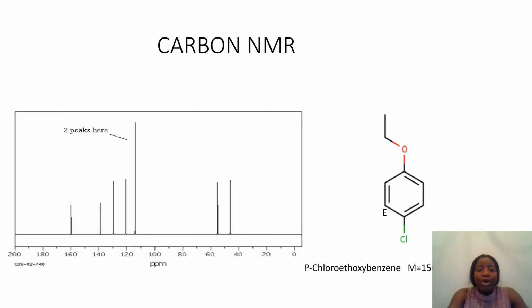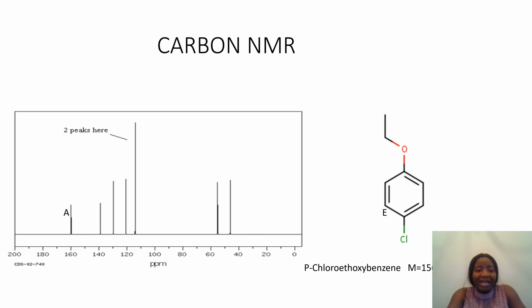Now, to know how to assign carbons, I had to compare the electronegativity of oxygen and chlorine. According to the periodic table, oxygen is more electronegative than chlorine, which means oxygen will push carbons more downfield.